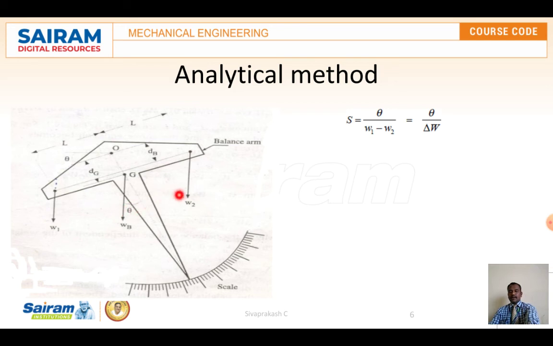Suppose W1 and W2 are equal, then theta will become 0.